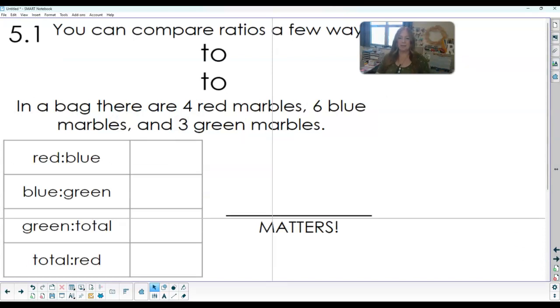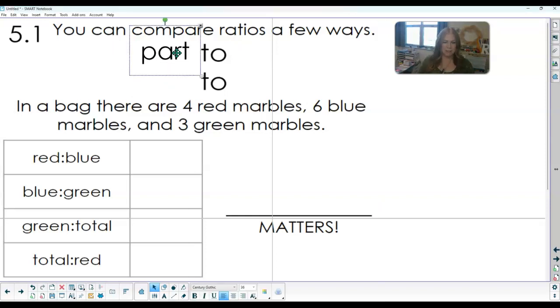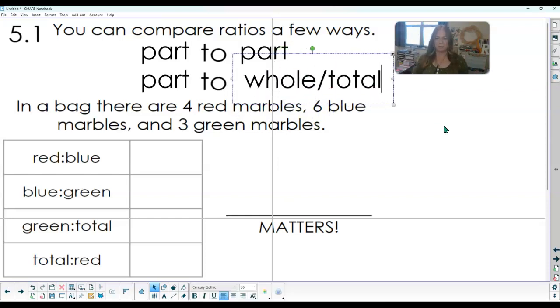The next thing we need to know is that we can compare ratios in a couple ways, and you have to pay attention to what it's asking you. You can either compare a part to a part, or I can compare part of the answer to the whole thing, to the total. So this is either the whole or the total.